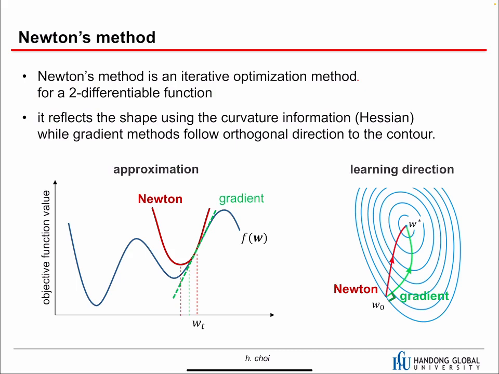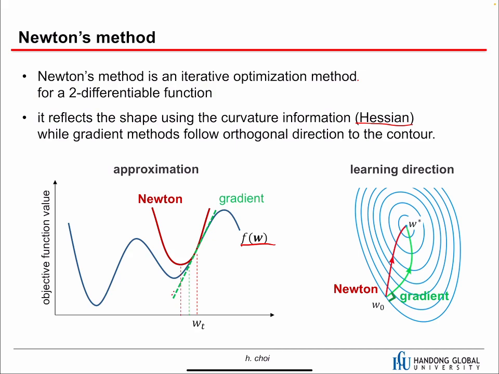It reflects the shape using the curvature information, which can be represented by a Hessian matrix, while gradient methods just follow the direction orthogonal to the contour. Here is an approximation and the learning direction. When we have an objective function, the gradient method approximates this function with a linear model.